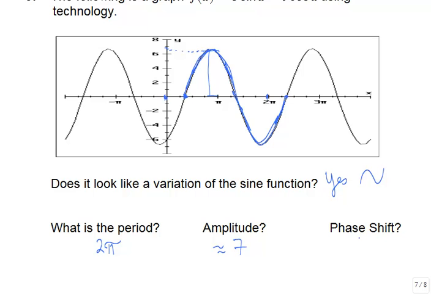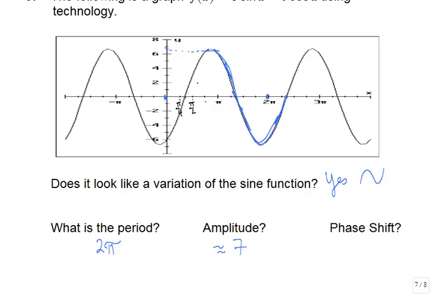And then finally, what's its phase shift? So how far over does this start? And that first little dash right there, let's put these in so you can see them a little bit more. Where are these dashes at? Here's pi, and I've got 3 equal sized dashes. So this is pi over 4, pi over 2, and then 3 pi over 4. So it's a little bit between pi over 4 and pi over 2.